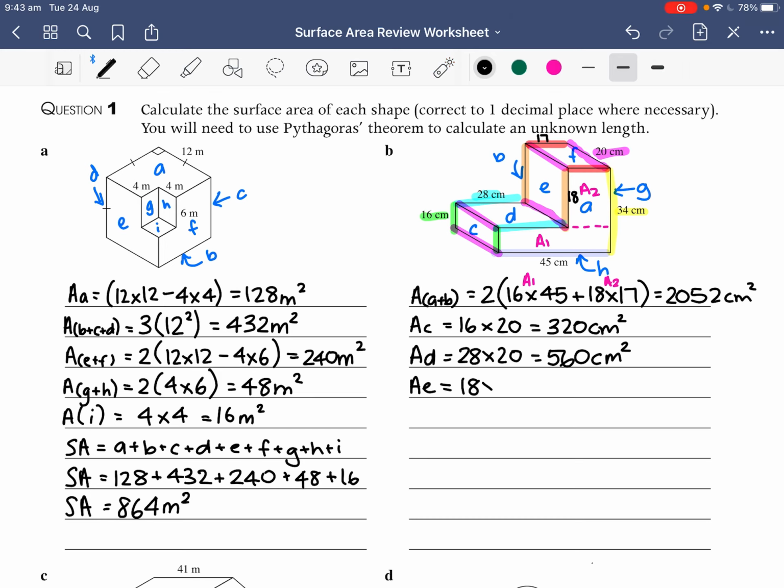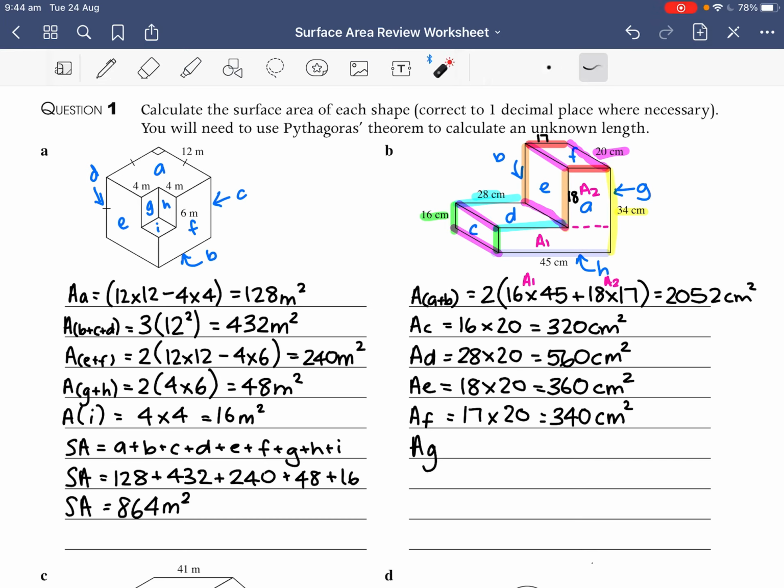So 18 times 20 is 360 centimeters squared. We then have area F, which is this rectangle here. So area F is equal to 17 times 20, where 17 times 20 is equal to 340 centimeters squared.